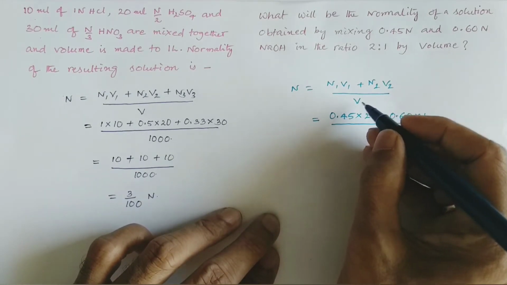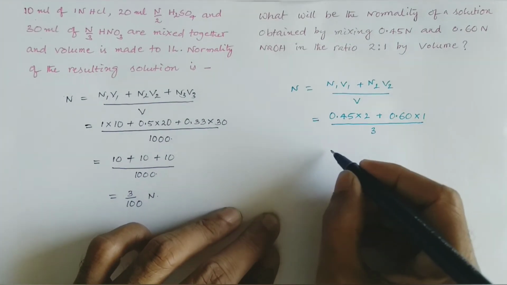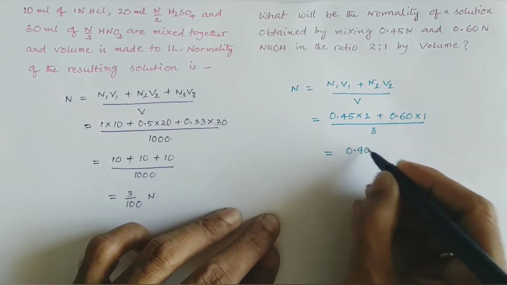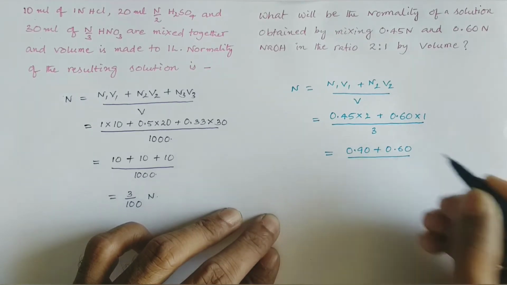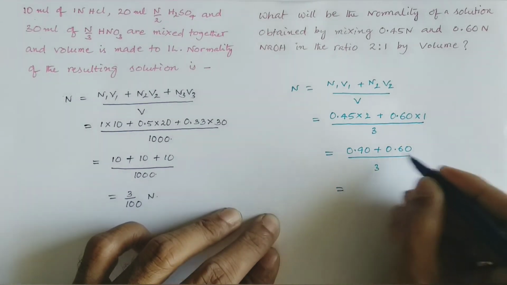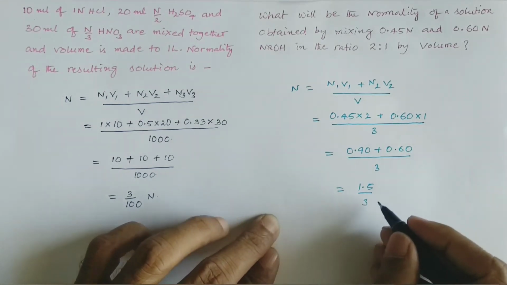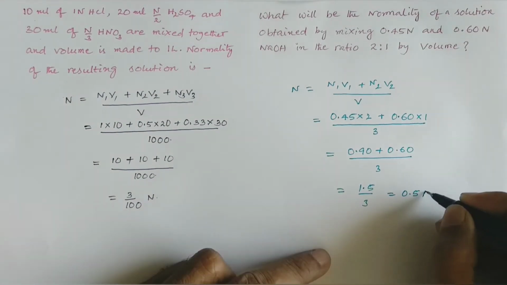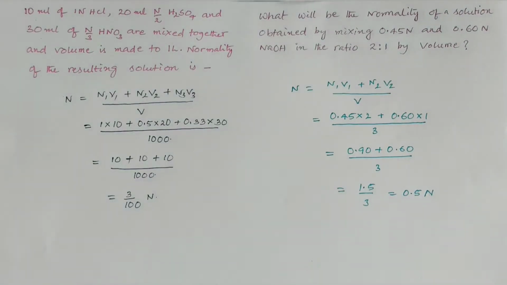Total volume is 2 plus 1, 3 liters. Now calculate. So this is equal to 0.90 plus 0.60 divided by 3, so this is equal to 1.5 divided by 3. So 1.5 by 3 is equal to 0.5 normal. So this is the normality of the resulting solution.